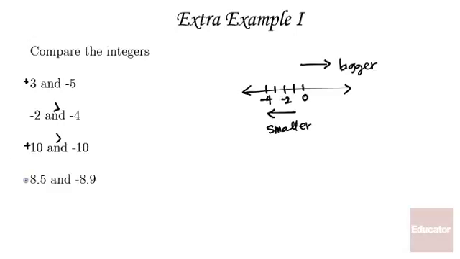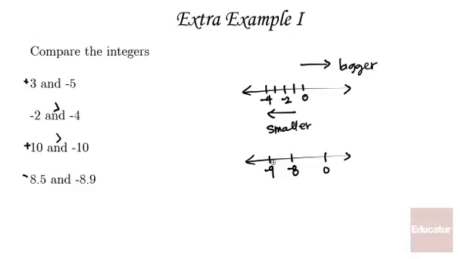Now what if I make this number negative? Negative 8.5 and negative 8.9. Let me draw this up a little bit bigger. If I have a number line, and I make this 0 right here, here's negative 8, and here's negative 9. Both numbers are in between negative 8 and negative 9.